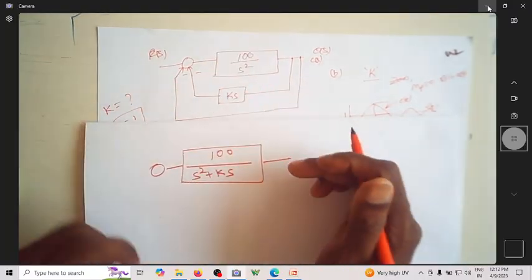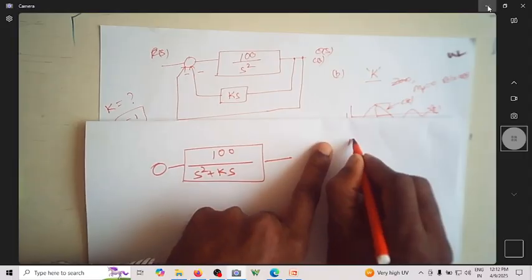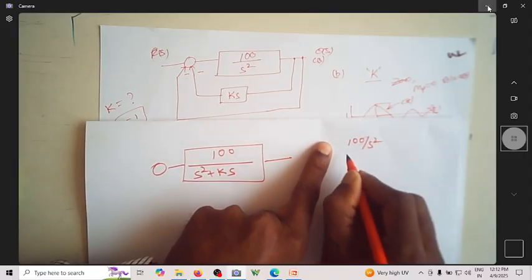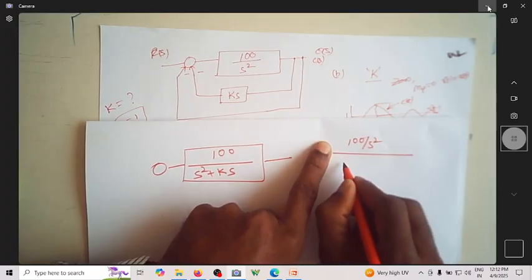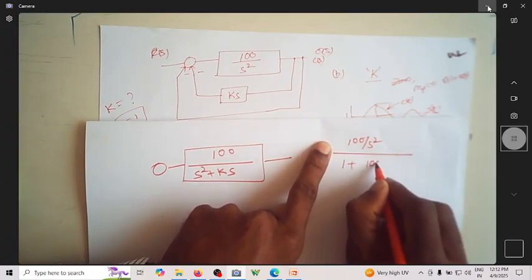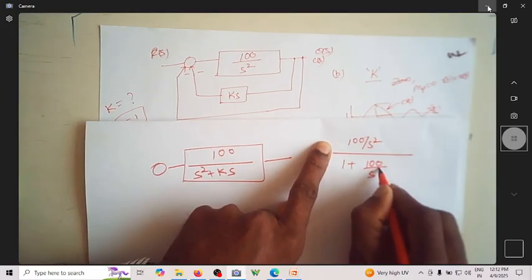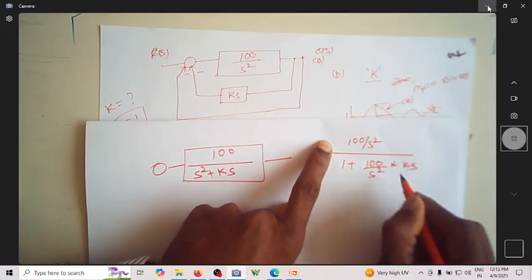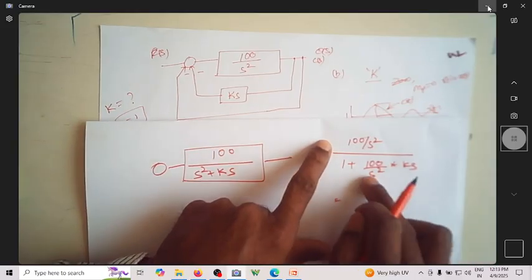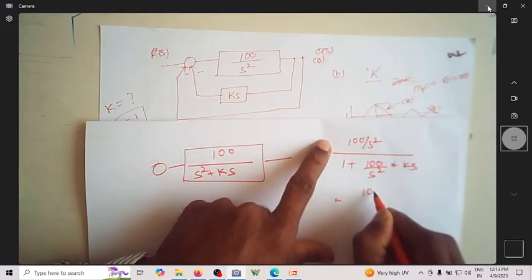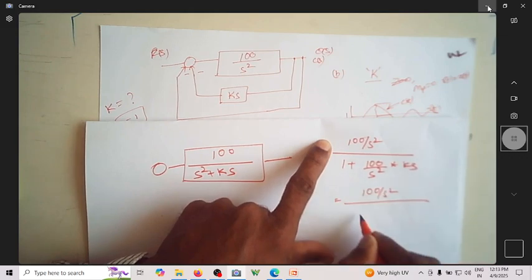How it came is, it's actually 100 by s square divided by 1 plus 100 by s square into ks. If you solve for this, take the LCM. Is it not 100 by s square by s square plus 100 ks by s square?